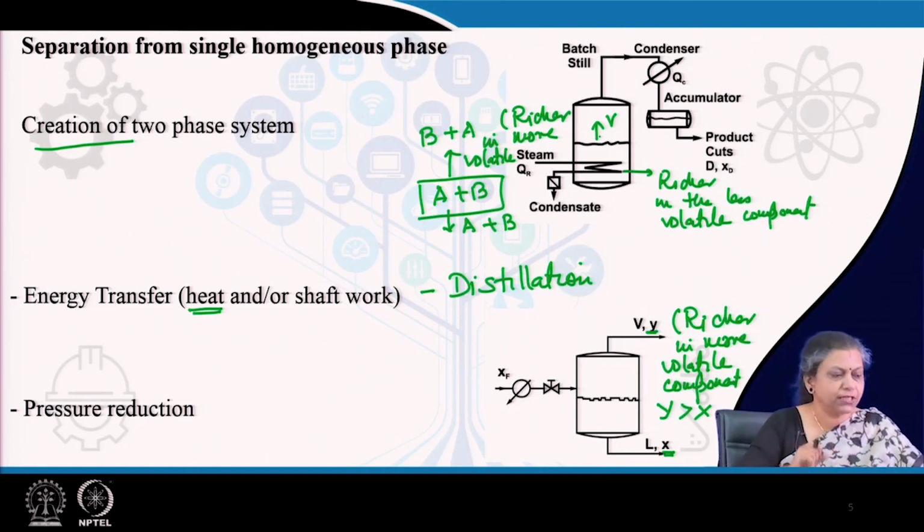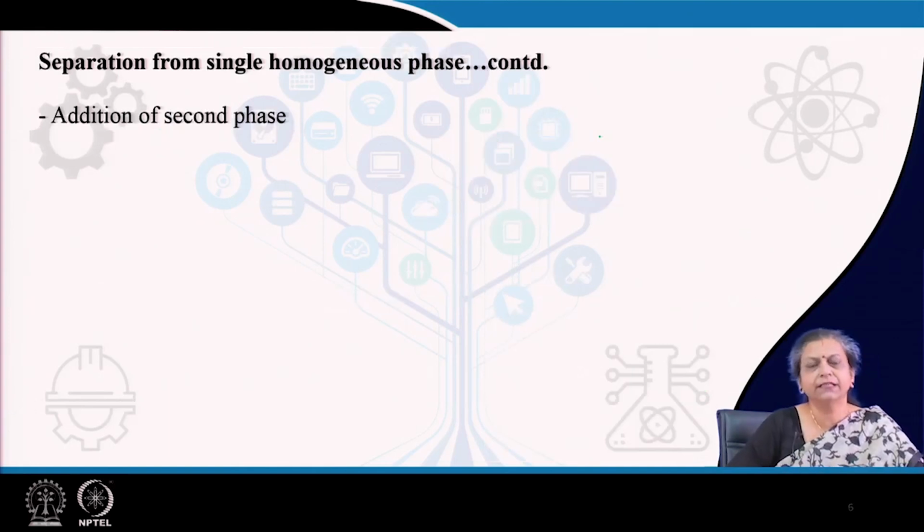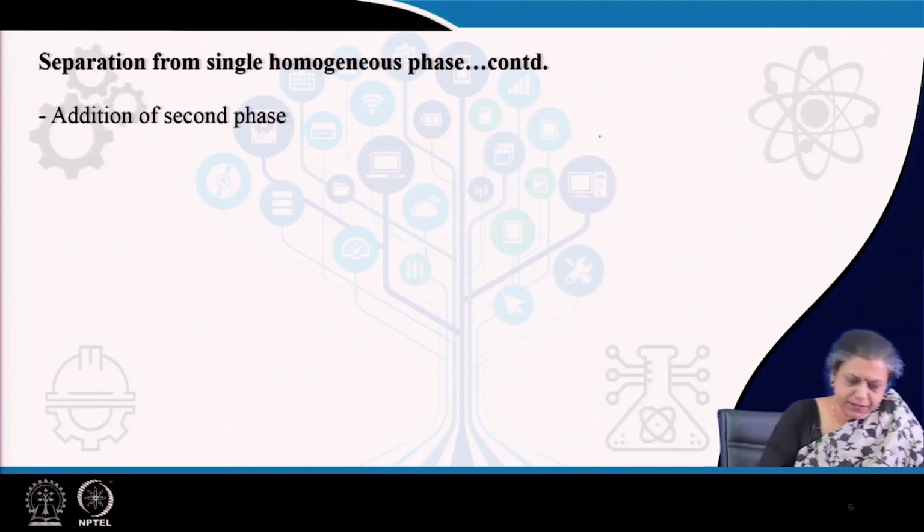So, under those conditions, what do we do? When we cannot separate the two components of a homogeneous mixture by creating a phase, either by application of heat or by pressure reduction, then we have no option, we have to add a second phase.